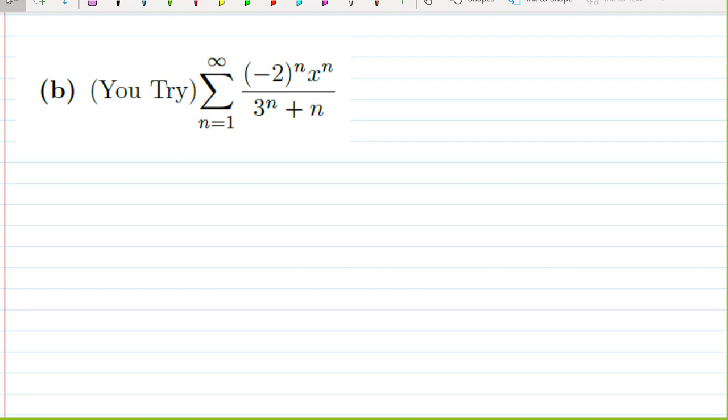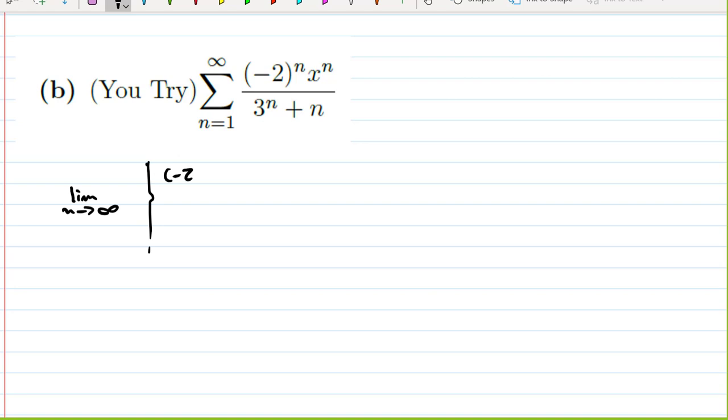All right. So to do this example, what we're going to do is the ratio test again. So we're going to take the limit as n goes to infinity of a sub n plus 1.